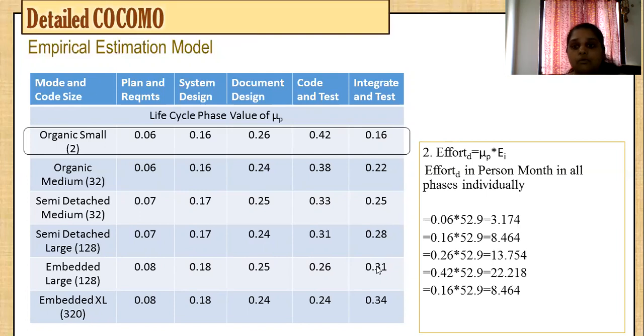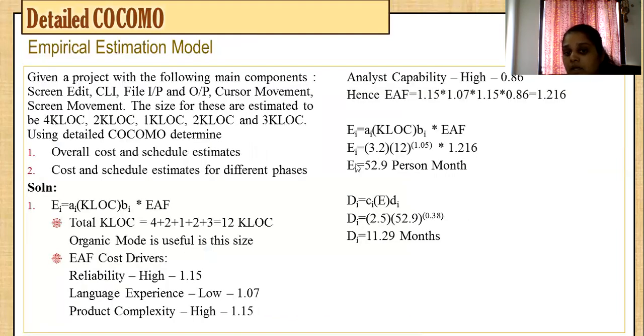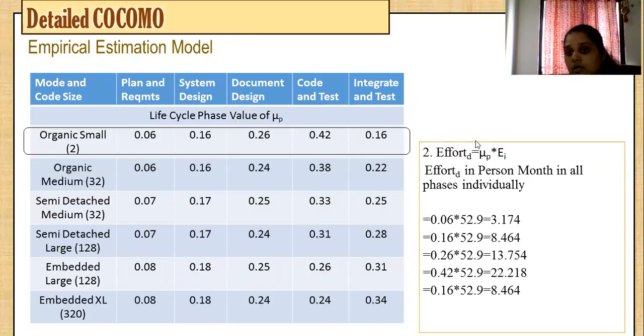Okay, now let us calculate the effort required in each and every phase. All these values are in person month. How we are getting these values is: your EI is nothing but 52.9, as you have seen previously. Effort using intermediate is 52.9. So here you are going to substitute 52.9, and here you have mu P, that is your effort in each phase individually.